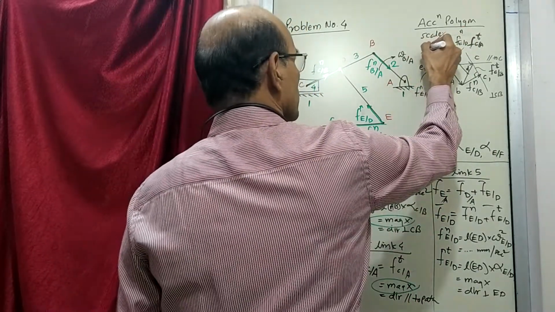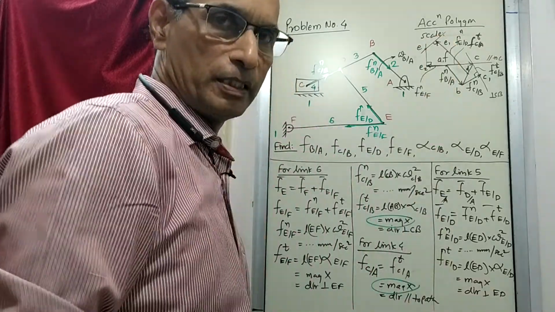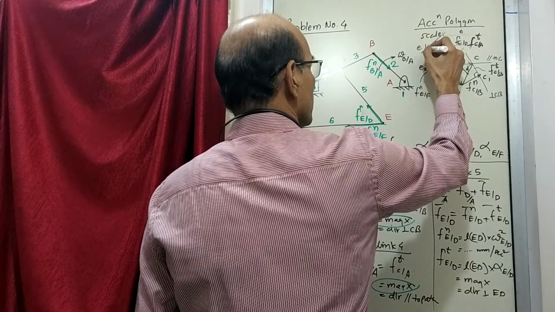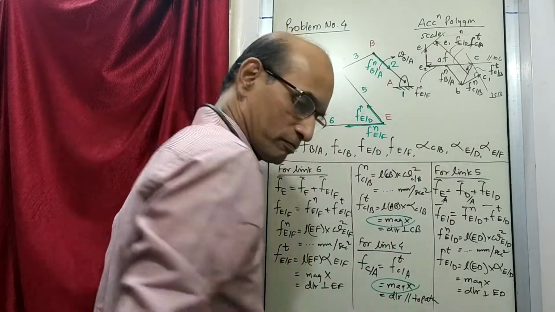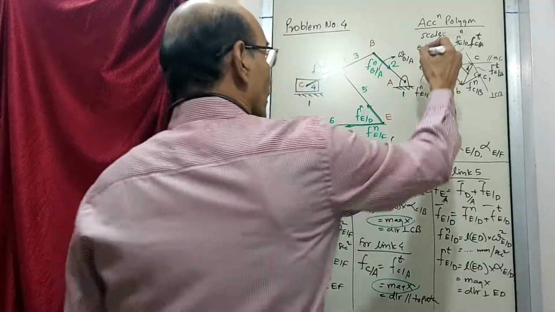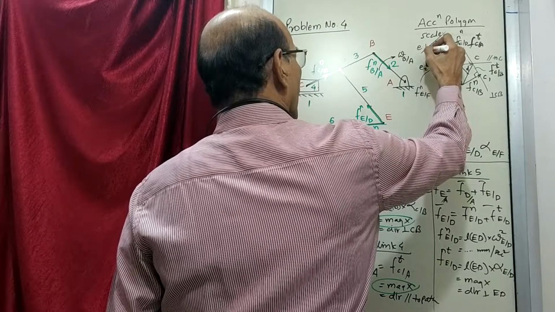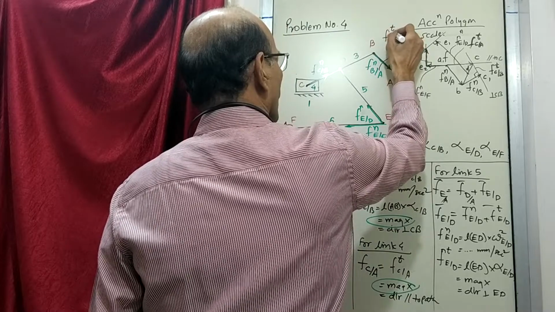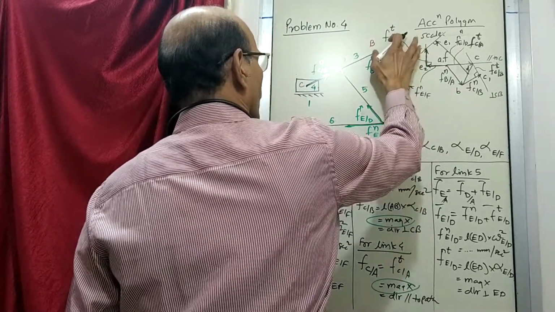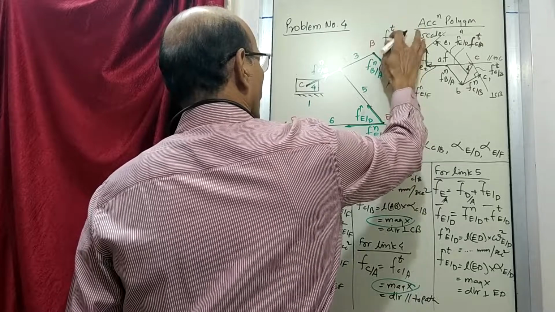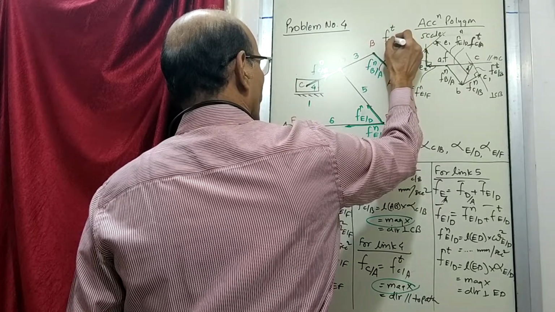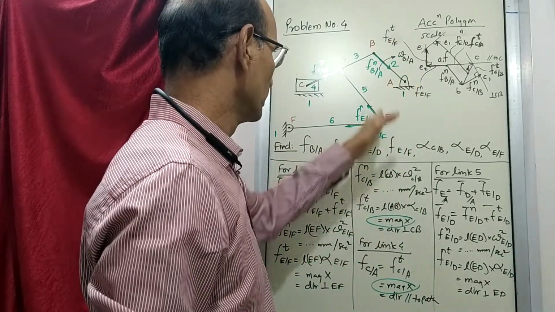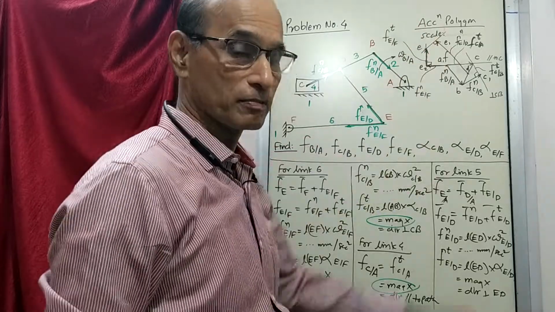So this gives us the intersection here, which is the point E, and once we do that, then we get whatever was not known. So this has been the acceleration of E with respect to F. The tangential component has come like this, it is upwards.